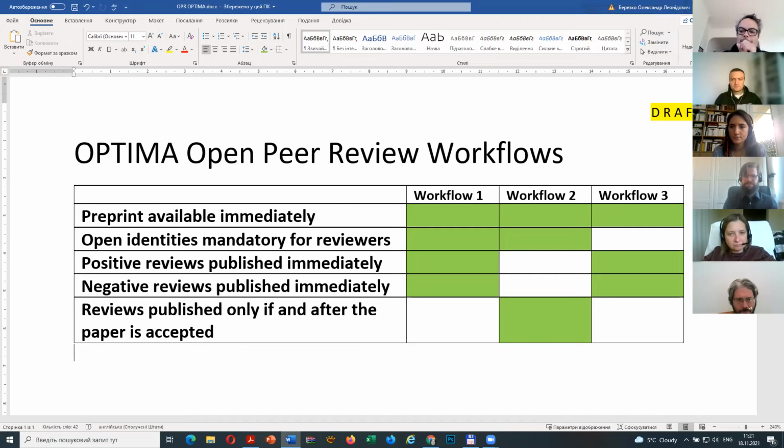And just about the fact that we should not discuss whether the preprint is available immediately or not: at PCI, we had a problem because we wanted to include the possibility of double-blind peer review. It is difficult to do so if you have a preprint on a public preprint server, because the authors cannot be anonymous.